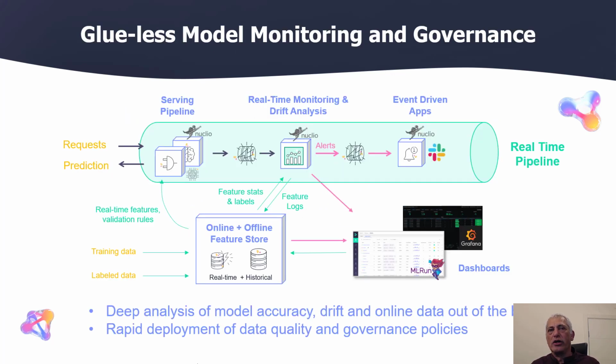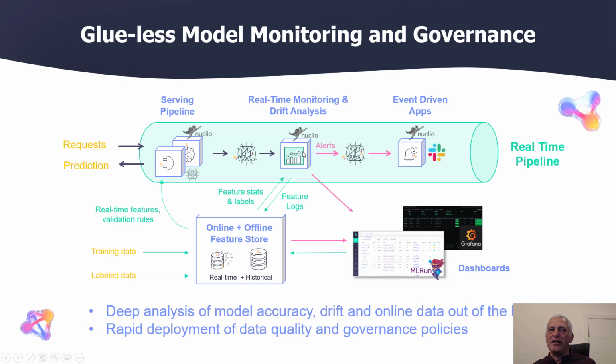The way that it works within MLRun and the Nuclio system and the Iguazio platform is essentially you have those model serving frameworks that get those requests and generate the predictions. We talked a minute ago about the FeatureStore, so they get the actual feature enrichment from the FeatureStore. But the model serving functions also track everything that happens. They track the performance, they track the incoming values, they track the prediction, and so on, and turn everything into a real-time stream.